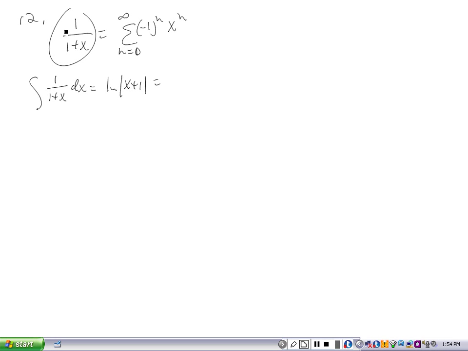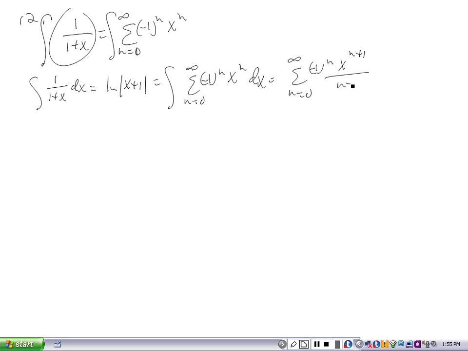So if I take the integral of this side and the integral of that side, this is the integral of the summation as n goes from 0 to infinity of negative 1 to the n of x to the n dx. This gives me the summation as n goes from 0 to infinity of negative 1 to the n of x to the n plus 1 divided by n plus 1.